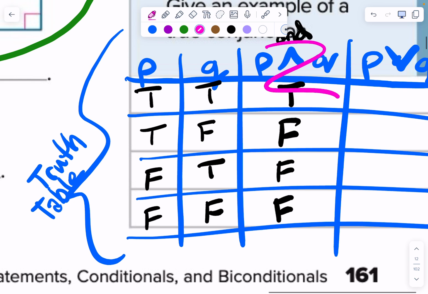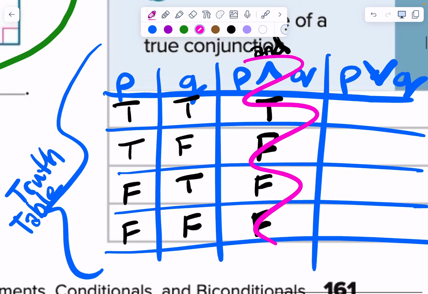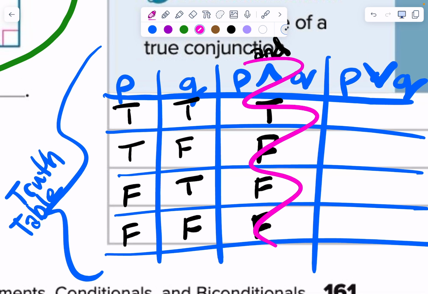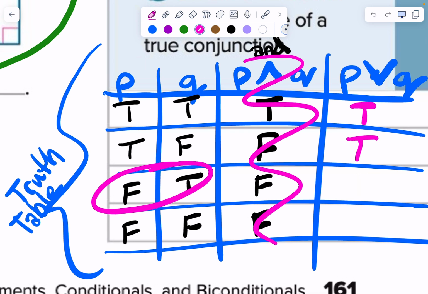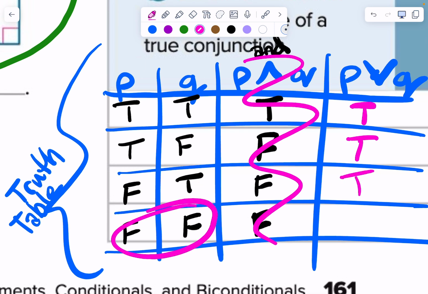Okay, let's go to ors. Don't even look at this column right here. I want to know ors. Is P or Q true? Yes, so the whole thing is true. Here, is P or Q true? Yes, so the whole thing is true. Here, is P or Q true? Yes, so the whole thing is true. And is P or Q true? No, so that is false.